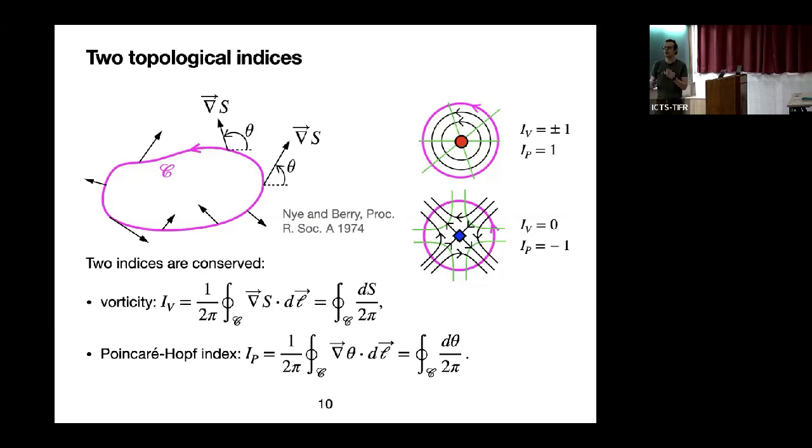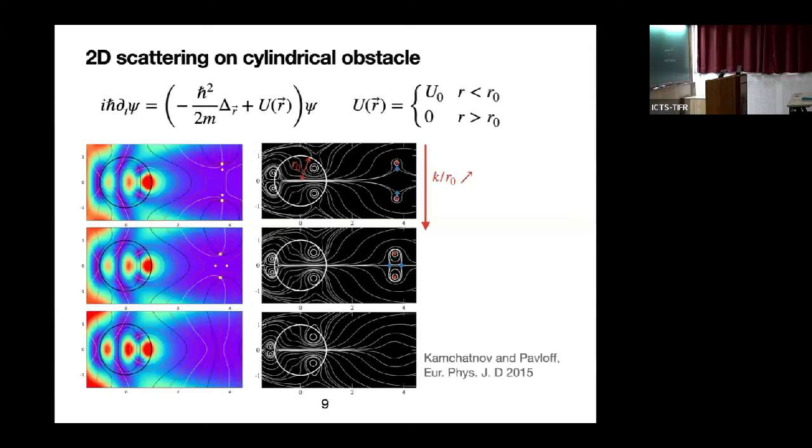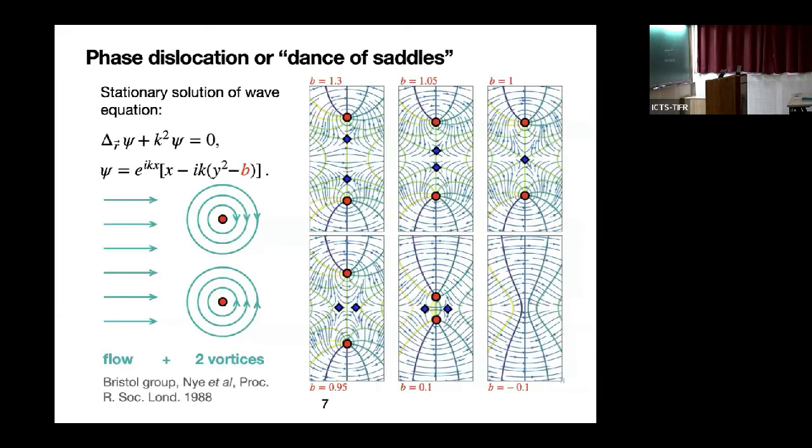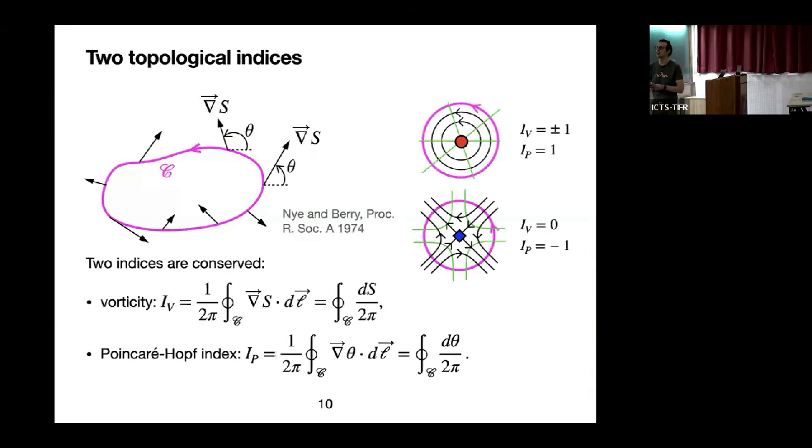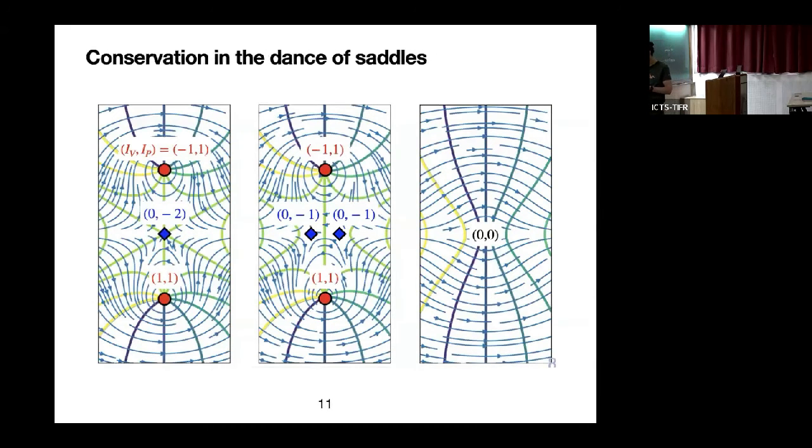So now, when you play this game of continuously deforming your vector field, like we are doing in this dance of saddles, these two charges, these two indices, should be conserved. And that's the case. So let's just check. Here I took three pictures, and I started when we had this kind of weird critical point that actually has vorticity equal to 0, but a Poincaré index of -2.